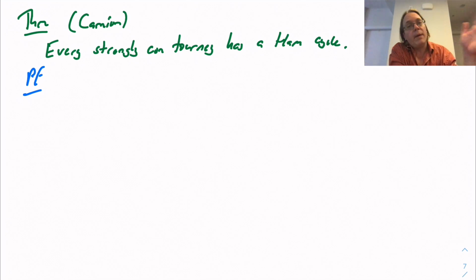Here, you can conceivably go by induction. It's certainly possible. But it would be a more delicate argument because you'd have to preserve strong connectivity in your tournament if you want to get something coming out. So that's not what we're going to do. Instead, we're just going to choose a cycle with a maximum number of vertices.